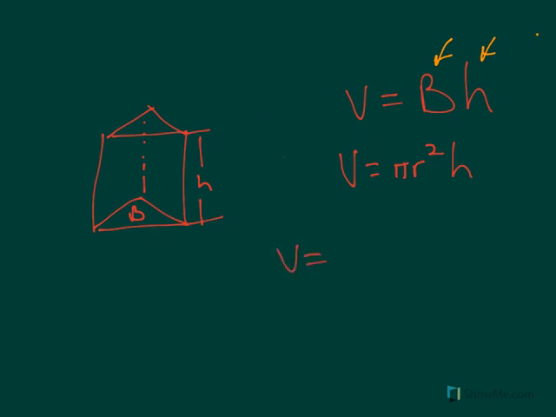And how do you find the area of a triangle? That would be 1/2 the base of the triangle, a different base than the base of the three-dimensional shape, so lowercase b, times the height, again a different height than the height of the three-dimensional shape, multiplied by the height of the prism. So the big idea is that to find the volume of a three-dimensional object, it's going to be the base area times the height.